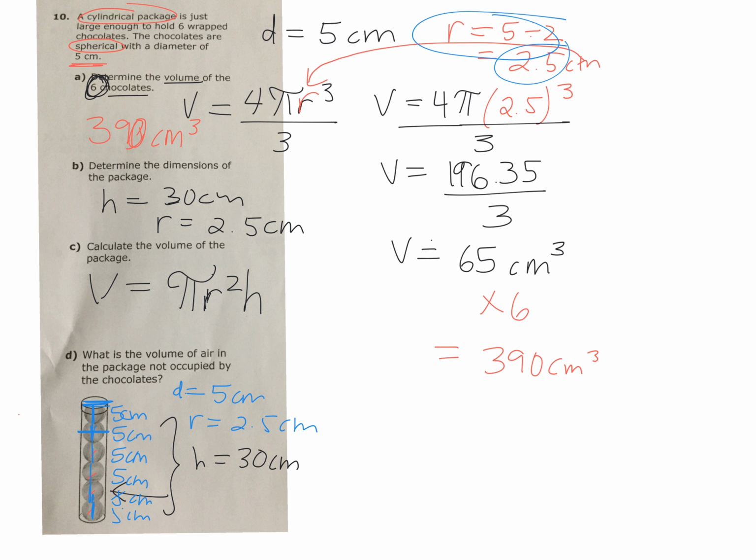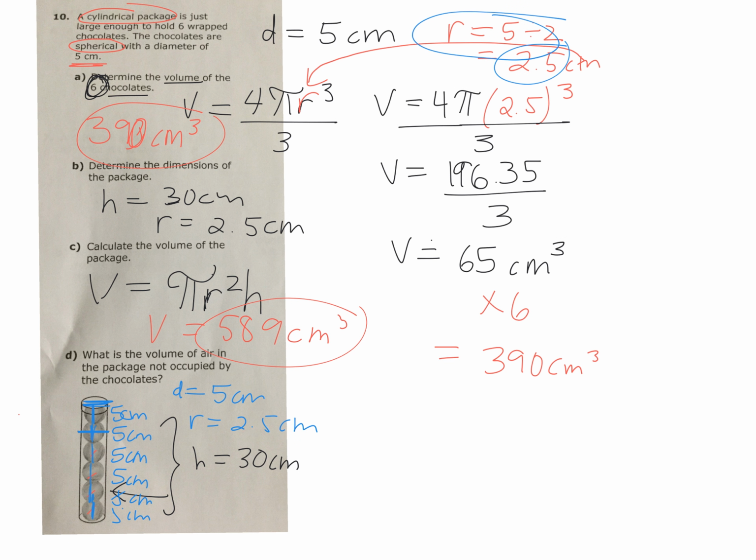So we're going to use that formula and plug in our values. The volume of the package is 589 centimeters cubed.